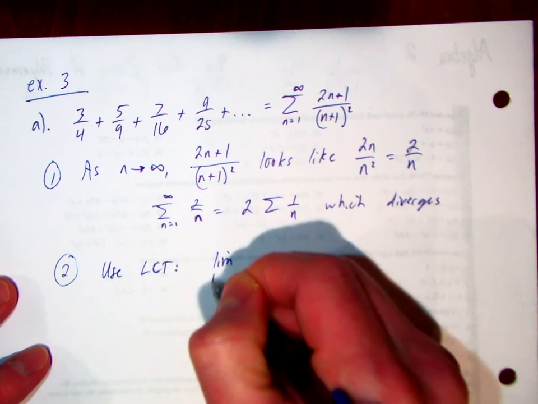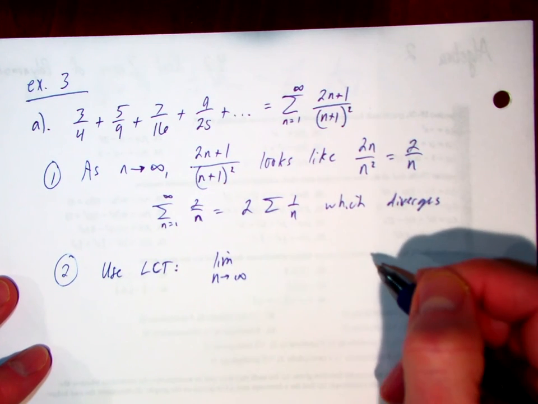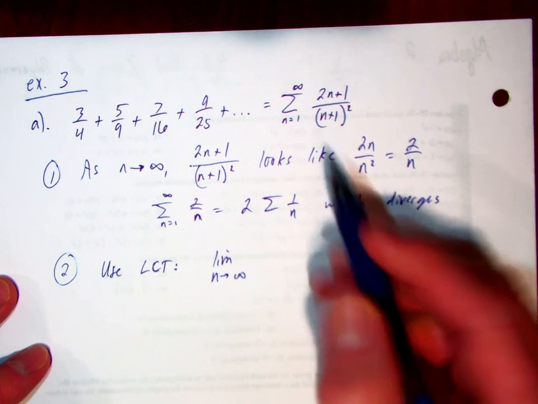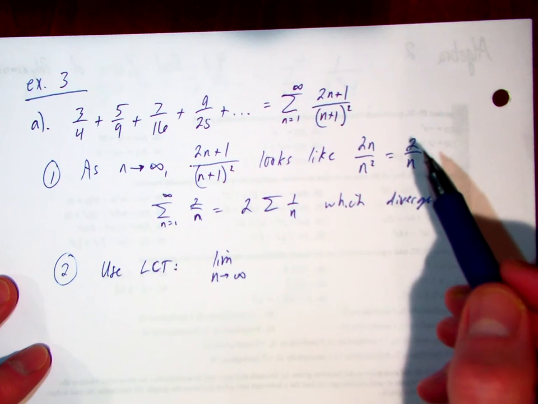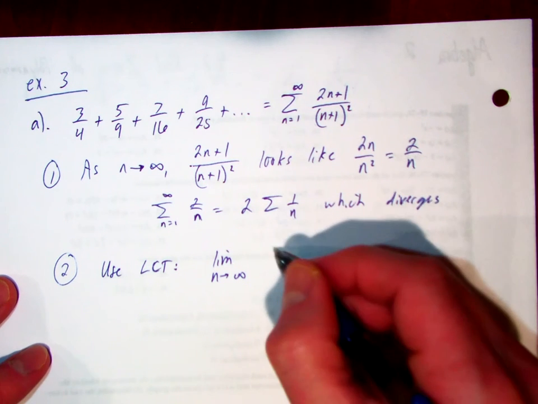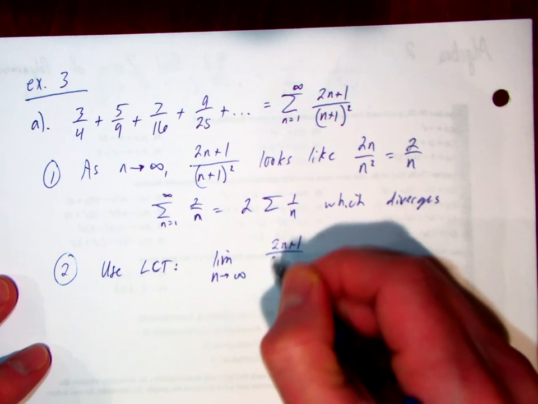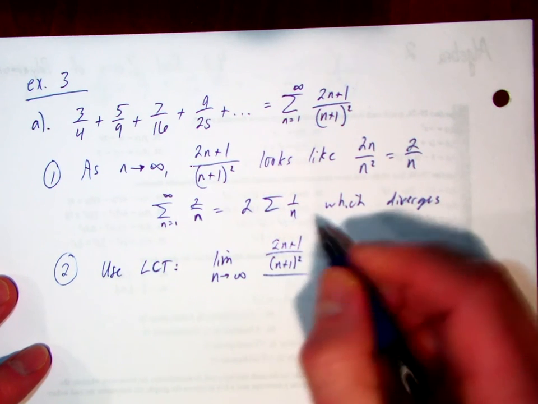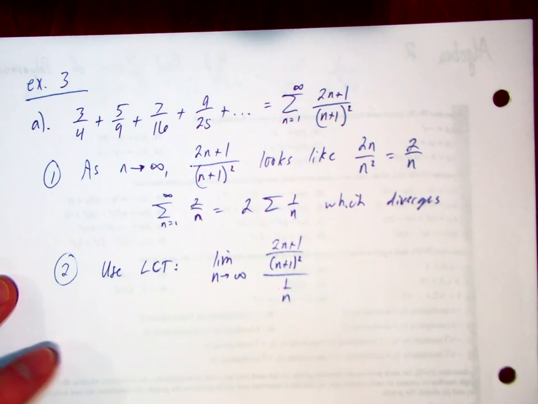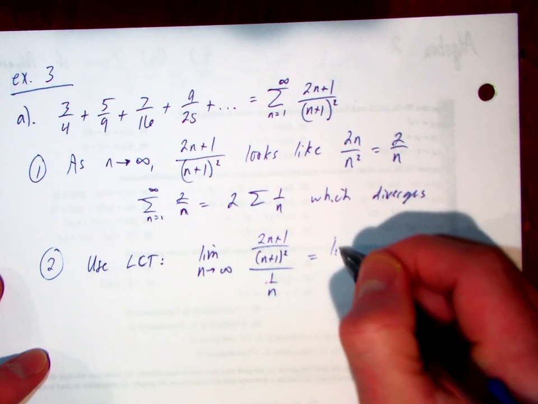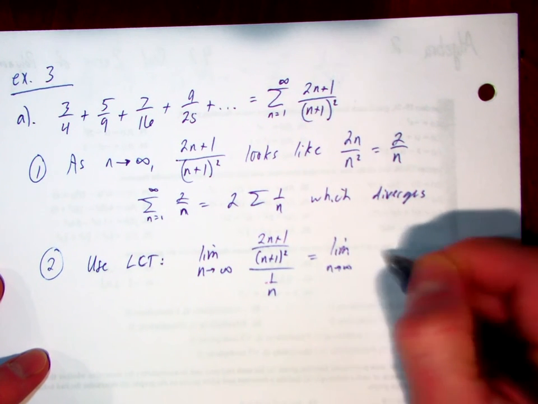So we're going to take the limit as n approaches infinity of a sub n over b sub n. Again, you're taking this series we don't know and comparing it to this series we do know. So 2n plus 1 over n plus 1 squared divided by 1 over n. As always, dividing by a fraction is the same as multiplying by a reciprocal.